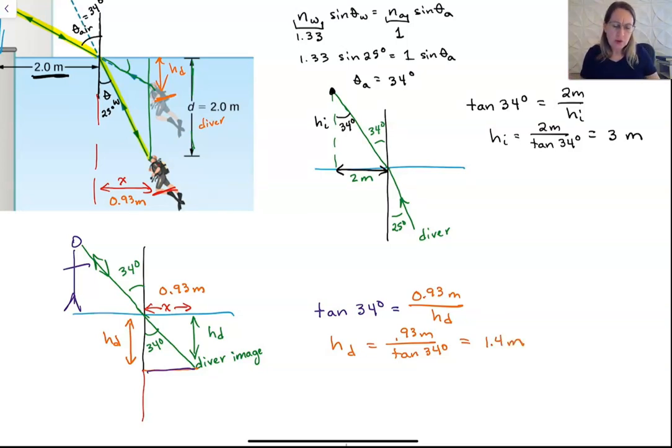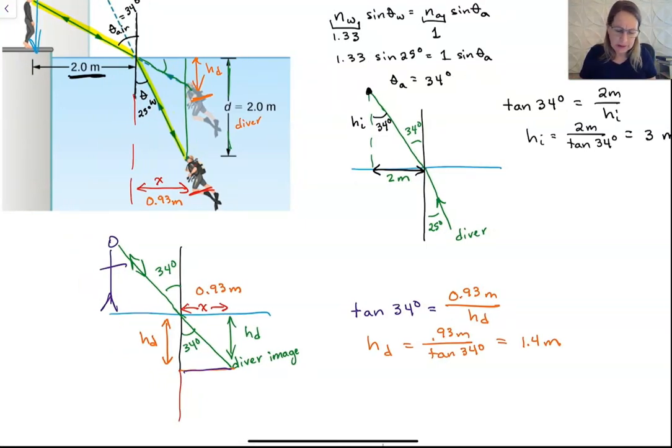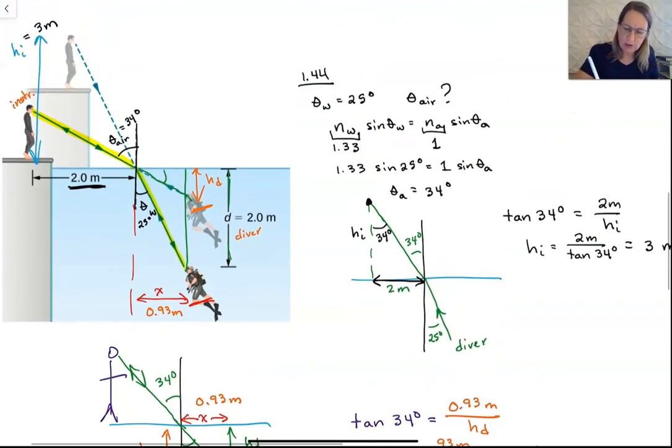So we put all of this together, and what we get is this image that's kind of messy here. I'm going to get rid of the things we don't need. The diver is actually 2 meters down, but from the point of view of the instructor, the diver looks like, see, this isn't to scale at all, 1.4 meters.